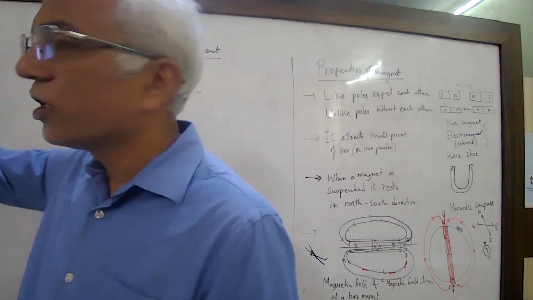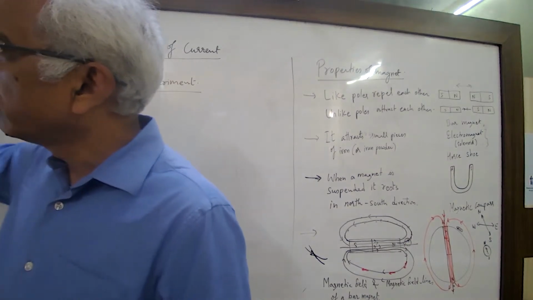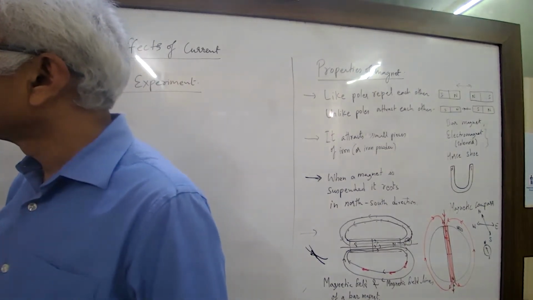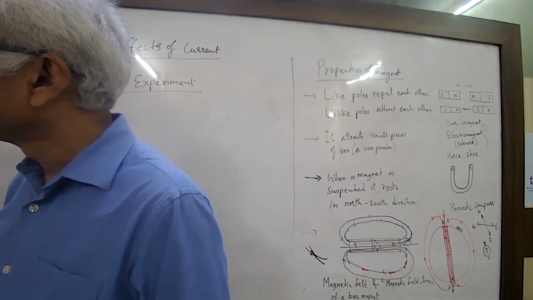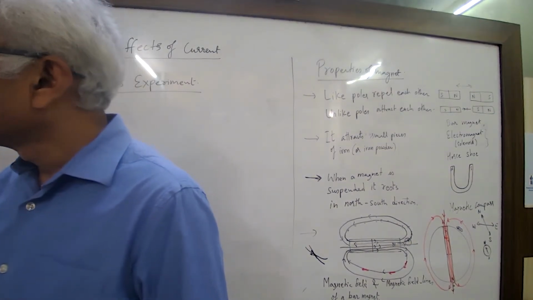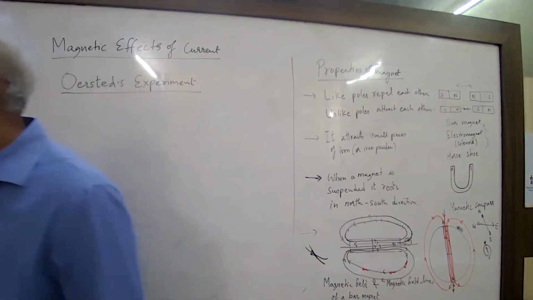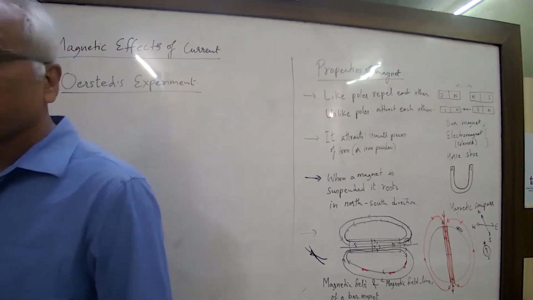You're keeping a chart paper on top, and you can keep a glass plate also. Now iron powder is being spread on it. See how this iron powder is arranged? Can you see? This is the magnetic field line.